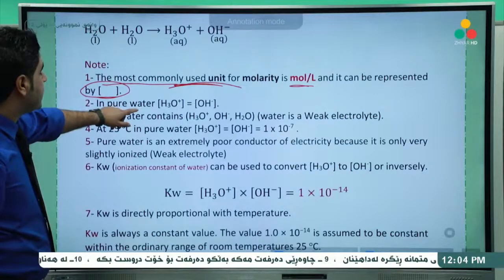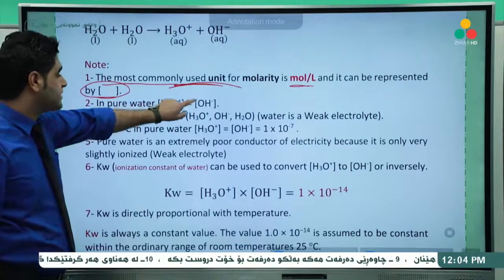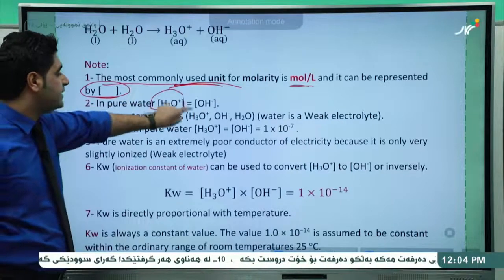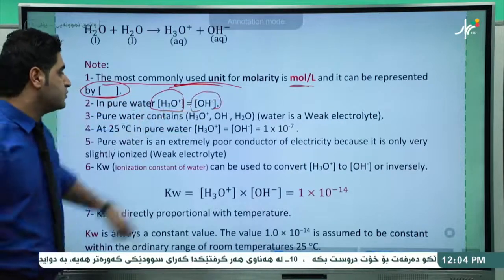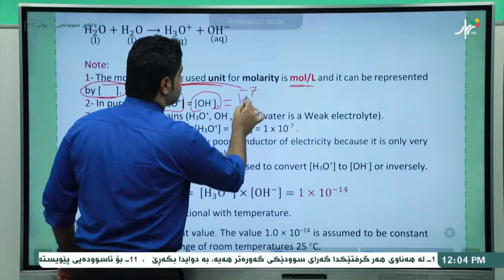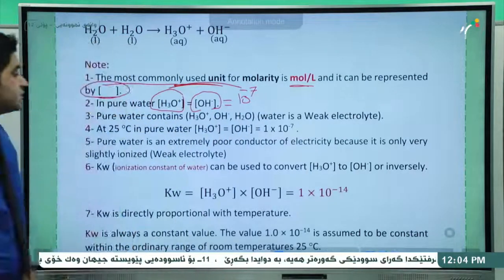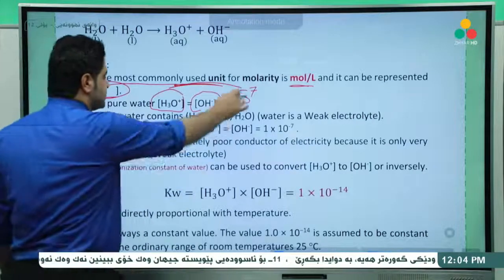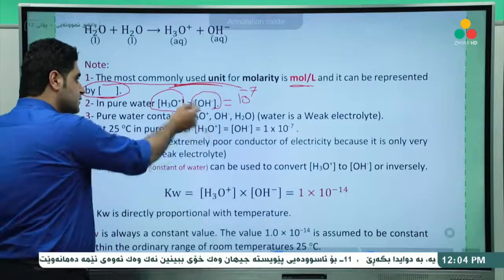In pure water, we have equal concentrations of both hydronium ion and hydroxide ion, which are equal to 10 to the negative 7. That is molarity. How do we know it's molarity? Because of the unit we use.